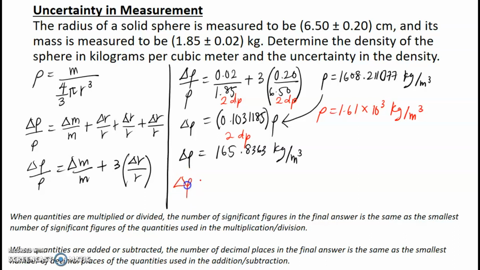So the uncertainty in the density is equal to 0.1658363 times 10 to the power of 3 kilogram per meter cube. For the two decimal places of uncertainty in the density, it will be equal to 0.17 times 10 to the power of 3 kilogram per meter cube.